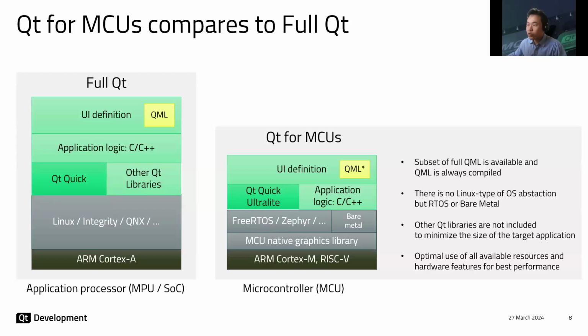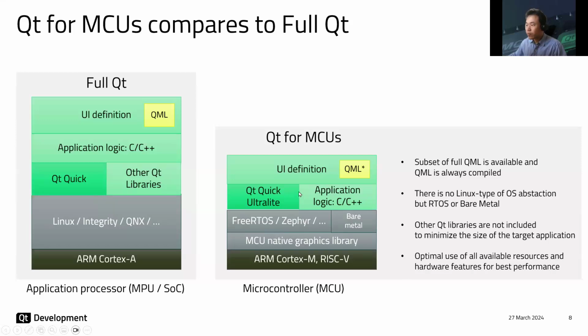There are a lot of Qt libraries already available, and you can get the full advantage of the operating system. You can use a lot of features from the OS, from the graphics accelerator, the 3D features, and so on. But on the other side, with MCUs, normally you care very much about the memory footprint. You want to minimize the size of the target application to achieve the best performance and still achieve a very beautiful UI design.